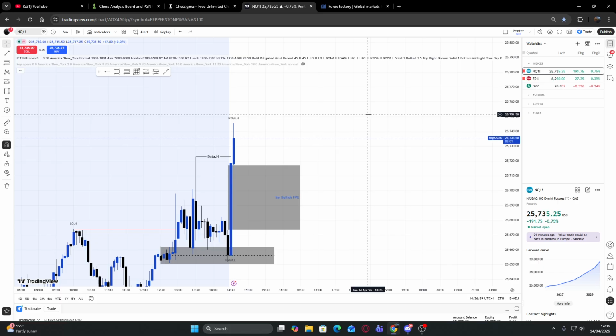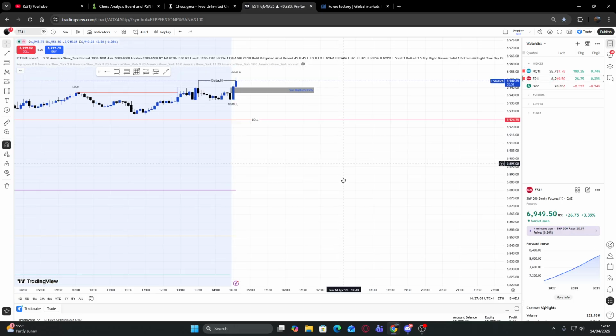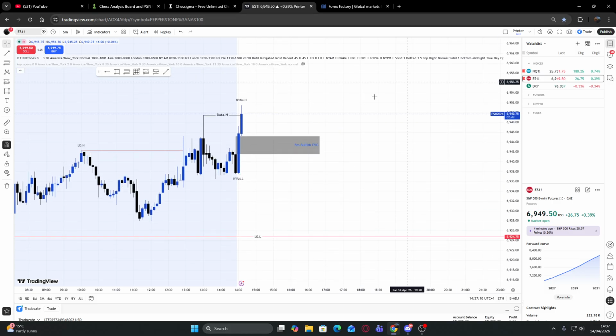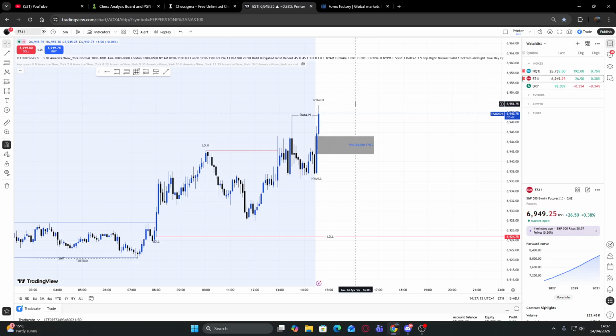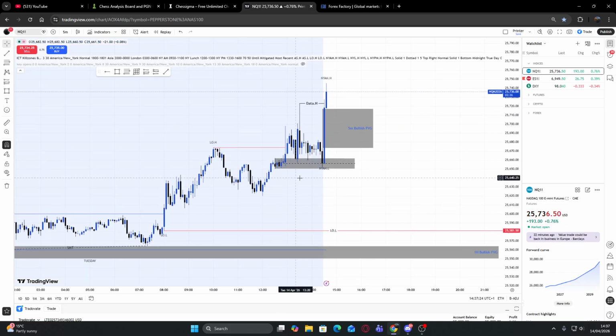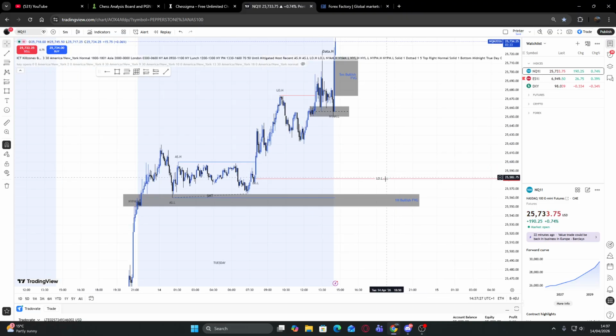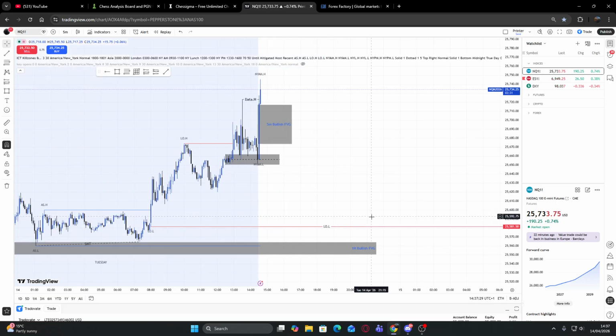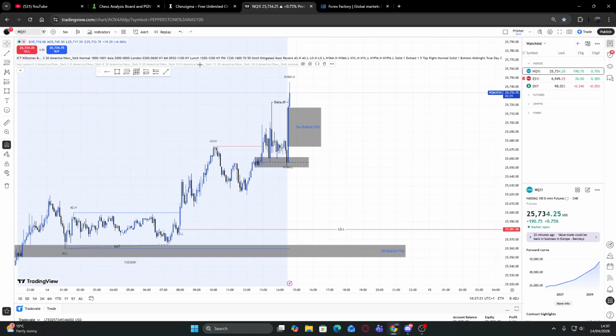Value share coming back over here. Oh my gosh, I'm tired. Well, no, I'm not. But I'm liking the idea of price manipulating these wick highs, these data highs, and then going to take out the London low, sweep some liquidity, and we just ride it down.